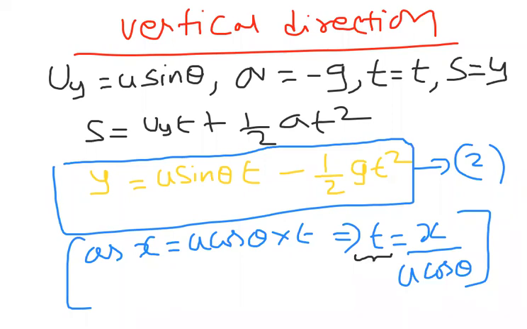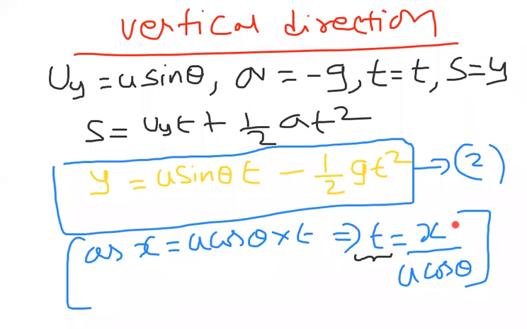Observe carefully: time is the same in horizontal and vertical, the simultaneous time is the same. So in the place of t, I want to substitute x by u cos theta.